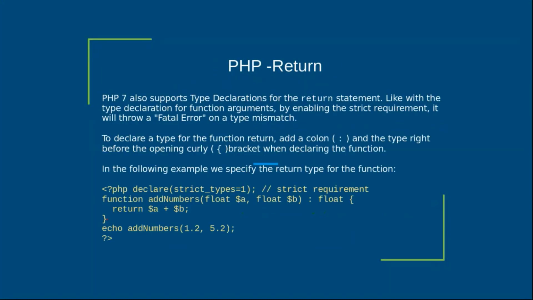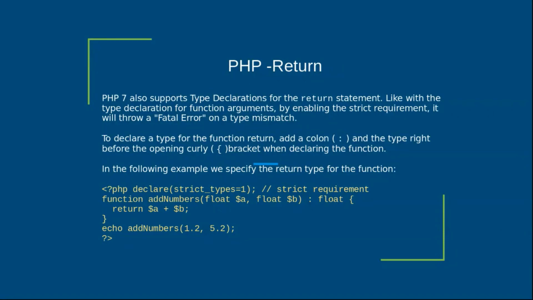The next thing is that most of the time we'll not just want to print out values in functions, we want to return those values and actually use them somewhere. So PHP 7 plus, that is PHP 8, also supports the type declaration for the return statement. Like with other programming languages, Python and so on, it actually returns a type.